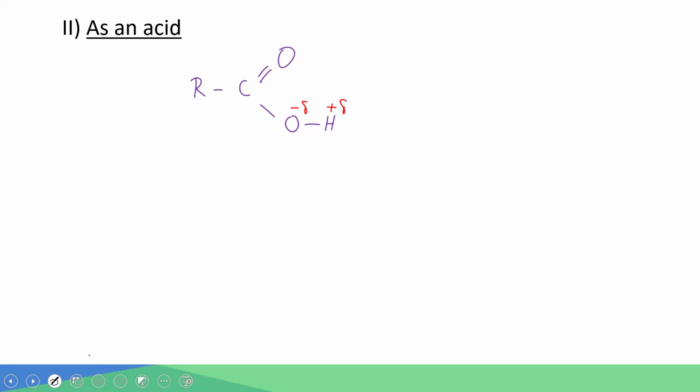Now, this OH bond is polar. And remember this concept: carboxylic acid forms hydrogen bonding in water with the water molecules. This is the terminal which forms hydrogen bonds.